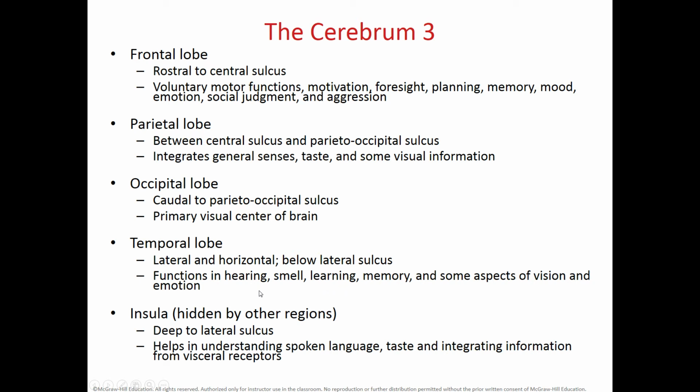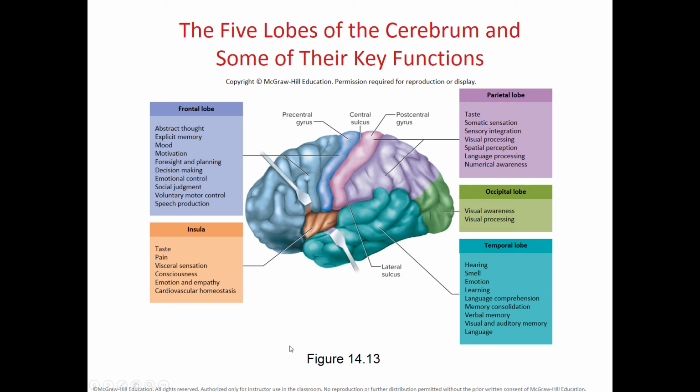And then in between the temporal lobe and the parietal lobe, just deep to the lateral sulcus, we have the insula, which is another lobe. This one is important for understanding spoken language, taste, and also integrating information from visceral receptors. So this is the location of the insula.